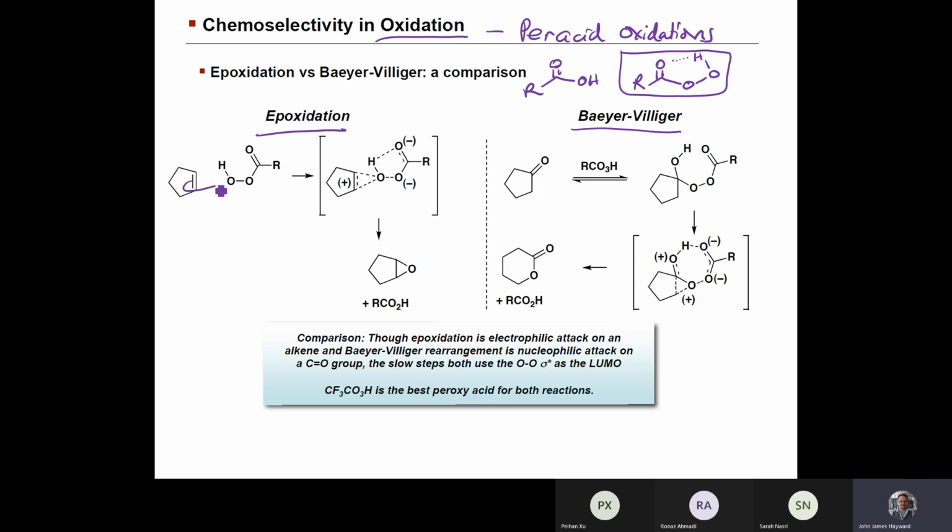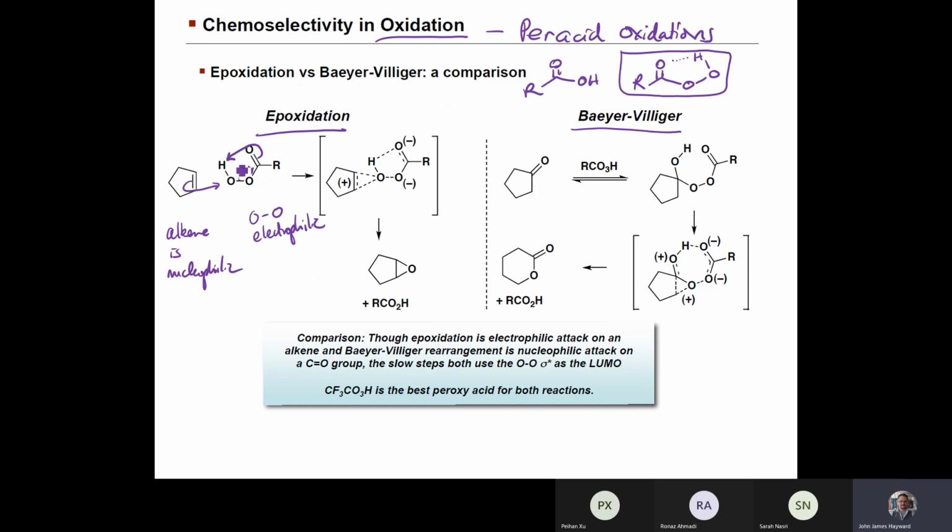Anyway, we can draw our mechanism arrows like this. Remember, the alkene is nucleophilic. We said that at the start. The OO is electrophilic. Okay. So the carbon-carbon double bond attacks the OO single bond, breaks that bond, and the electrons keep flowing around.